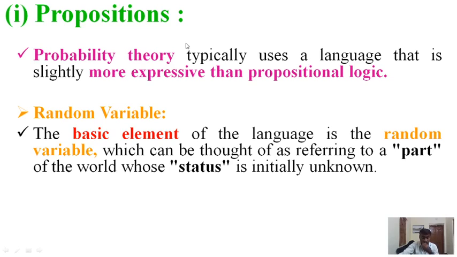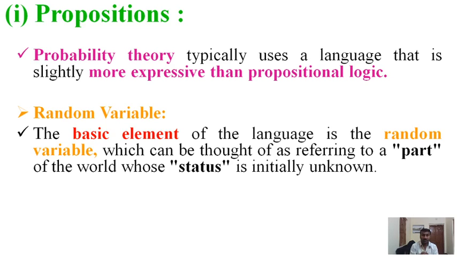But what they are saying on this concept is that the basic element of the language is the random variable. We already discussed that probability theory typically uses a language, and in that language the basic elements are random variables, which can be thought of as referring to a part of the world whose status is initially unknown.